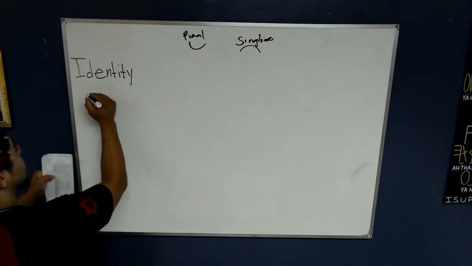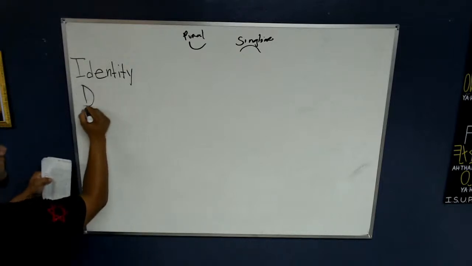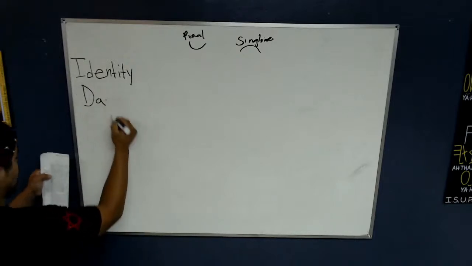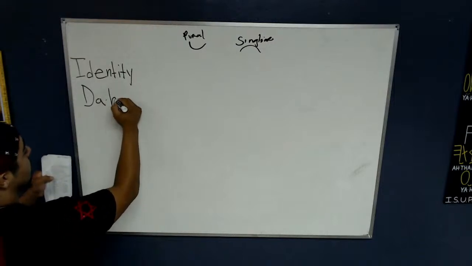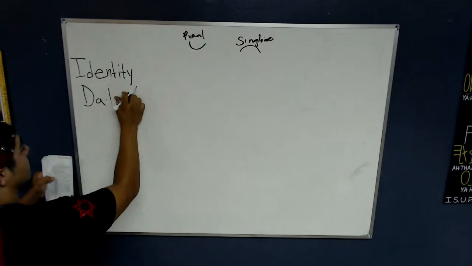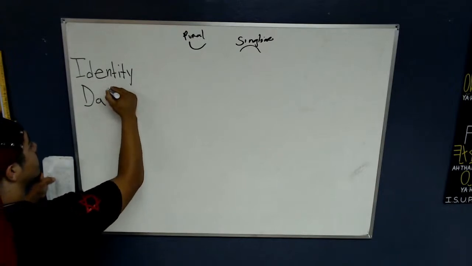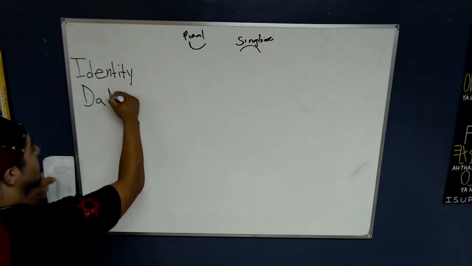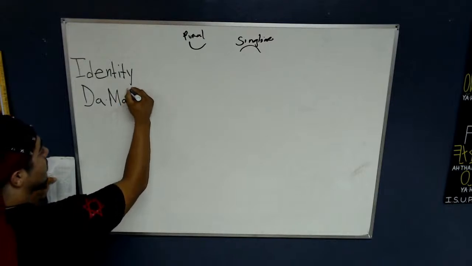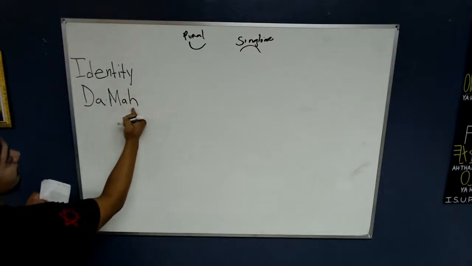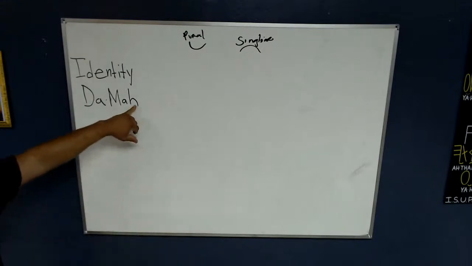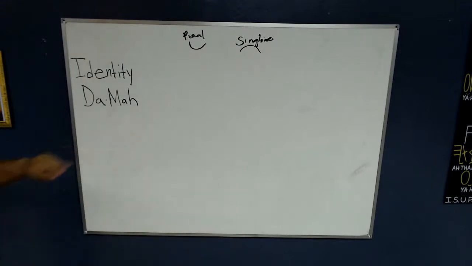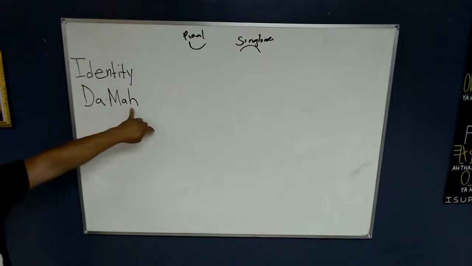And that's da. Fine. Da ma. Right? Da ma. Right? Don't get confused by this. It's gonna be connected. Right? So da ma.